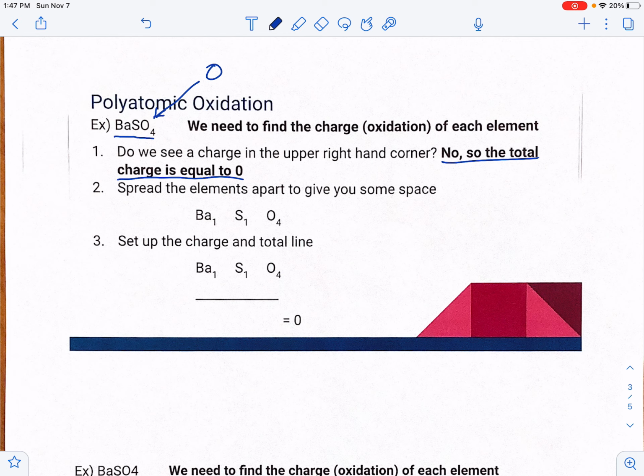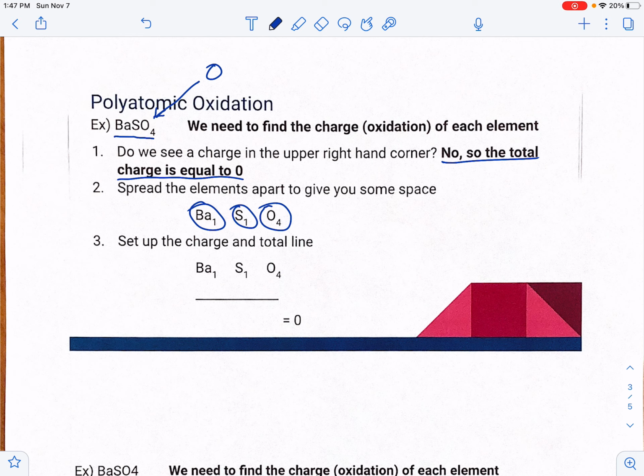My next step is to spread the elements out, and I write how many I have from the formula. Spreading them out just gives you some room. So I have 1 barium, 1 sulfur, and 4 oxygens. Now, number 3 is you want to set up the total line and our net charge. What we're going to do is find the charge of each one.